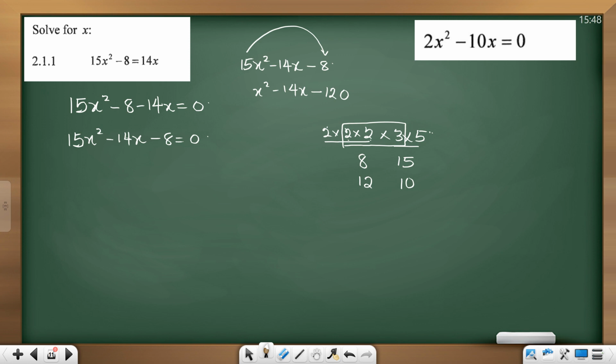What about 2 times 2 times 3? What is 2 times 2? 4. 4 times 3, oh no, that will still give me the same thing. Sorry. What about 2 times 2 times 5? What is 2 times 2? 4. 4 times 5, 20.